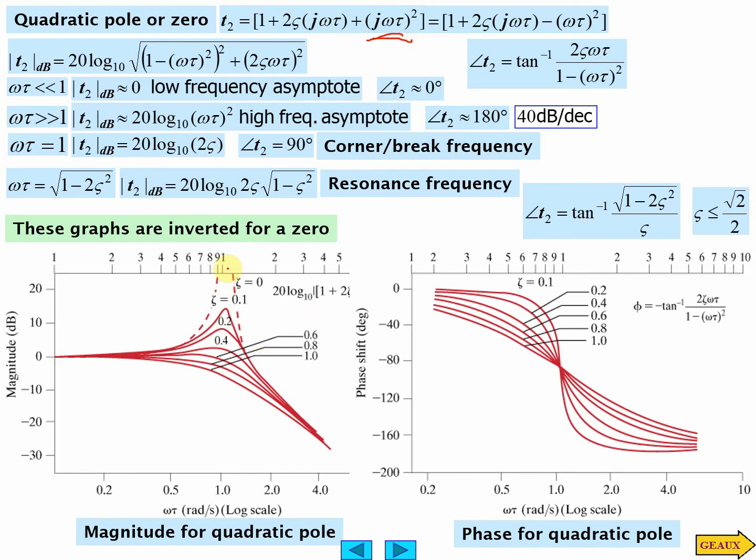Resonance looks like this, depending upon your damping, which is zeta. Depending on your damping and how big the damping factor is, small to big, it kind of follows this curve, you will have resonance.